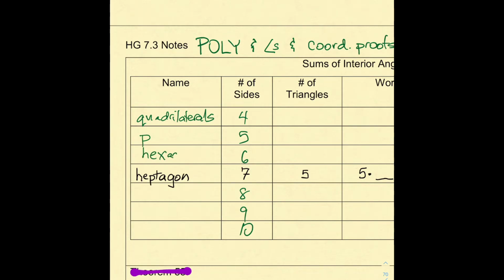Pentagons, hexagons. Do you know what an 8-sided one is? 9, 10. Hopefully you know those words. Octa, nona, deca, and then add the word gon.